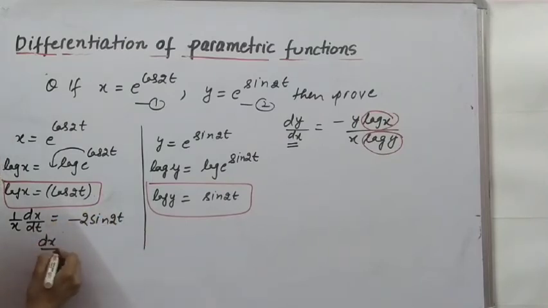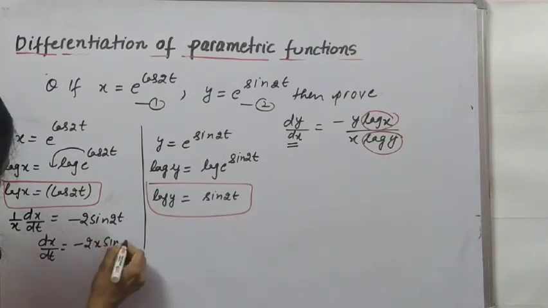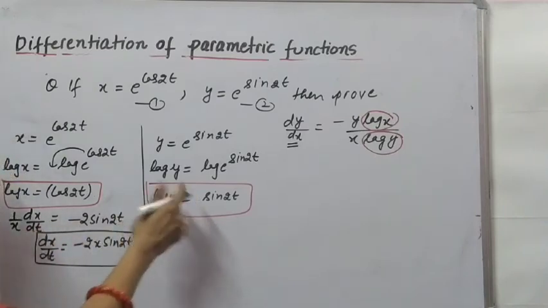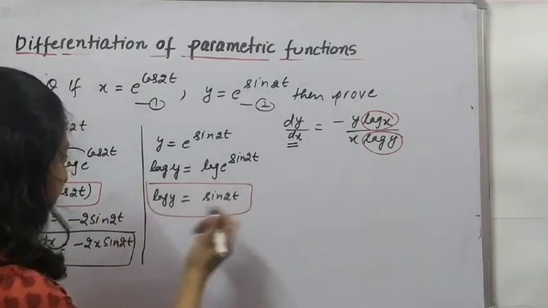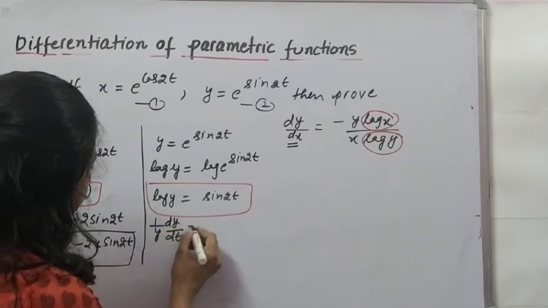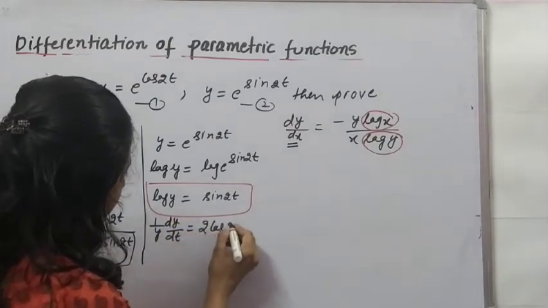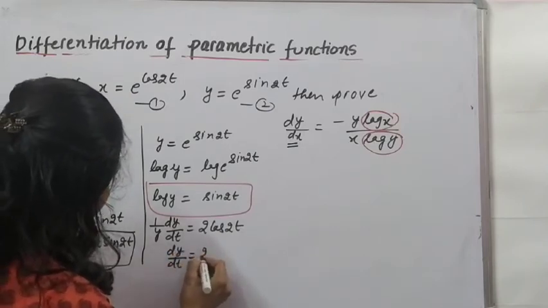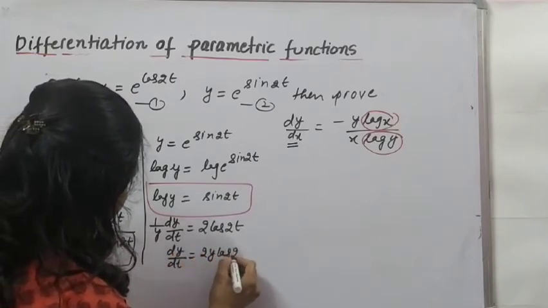So finally dx by dt is equal to minus 2x sin 2t, right? Similarly from here, differentiate both sides with respect to t. 1 by y dy by dt is equal to 2 cos 2t, and after solving we will get dy by dt is equal to 2y cos 2t.